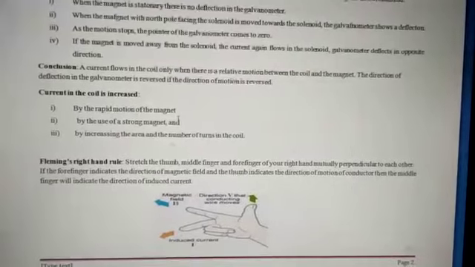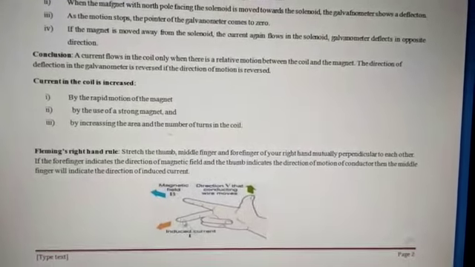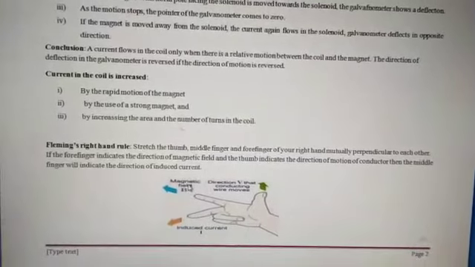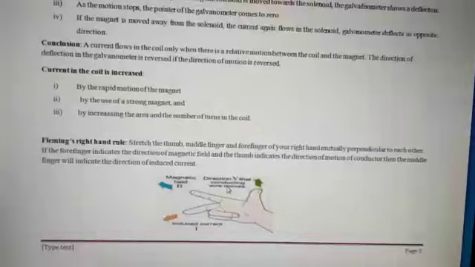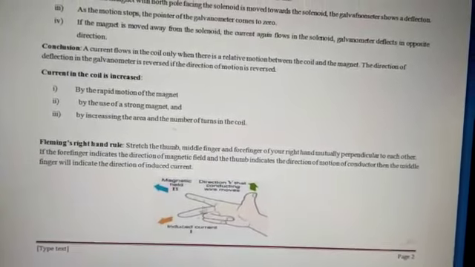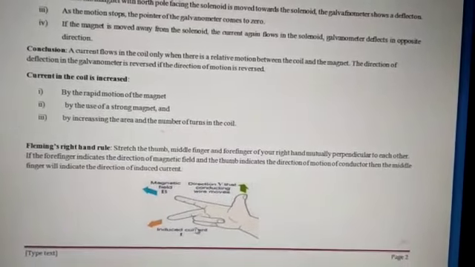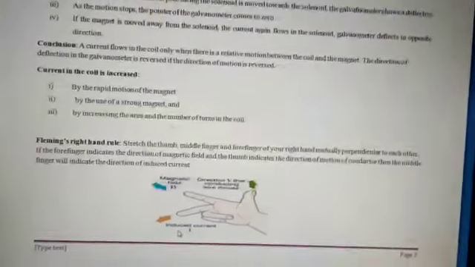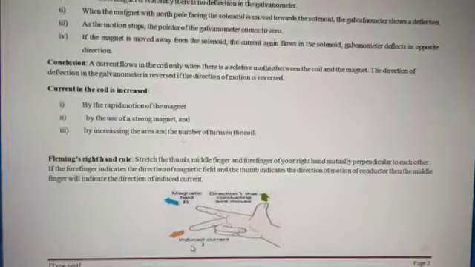So here we need to study these three things: the magnetic field, the direction of the motion of a coil or a magnet, and how the electricity, or EMF, is induced. You already know that EMF is nothing but electromotive force.